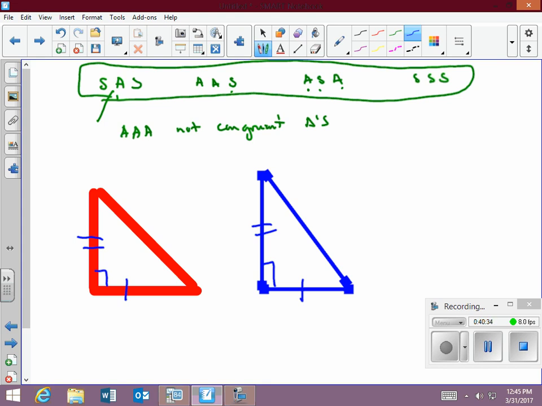You know that these angles are congruent, and therefore you have a special case of side angle side. And then theorem 4.3 is saying you have two triangles where you have the hypotenuse and a leg.